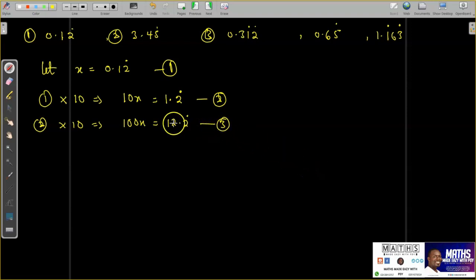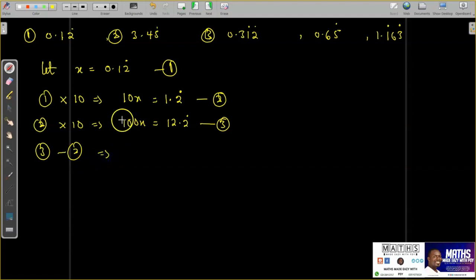So you realize that at this point, we can easily do away with the recurring decimals. And that will be done from which equations? Equation 3 and equation 2. Very good. So we say equation 3 minus equation 2.